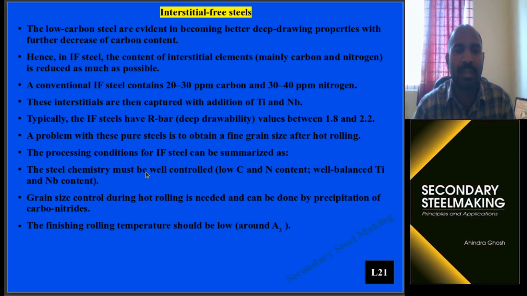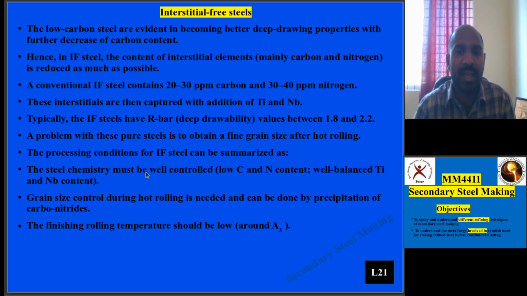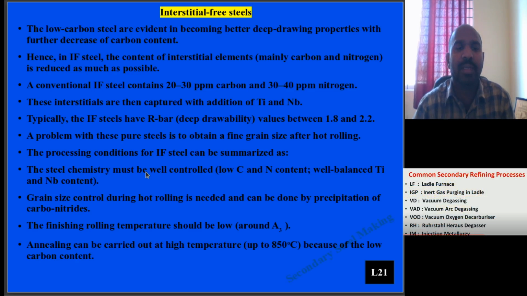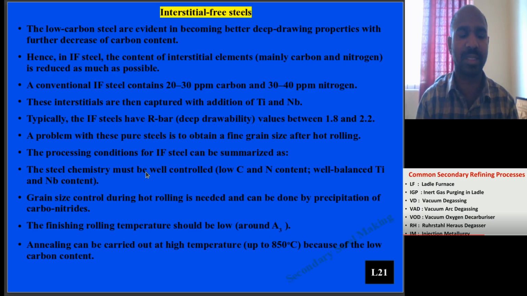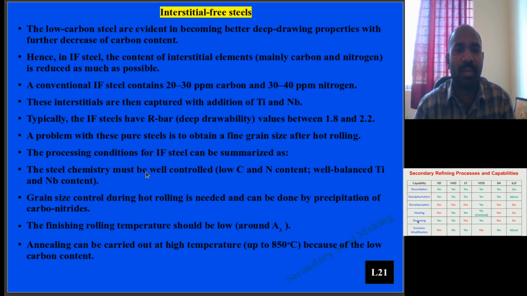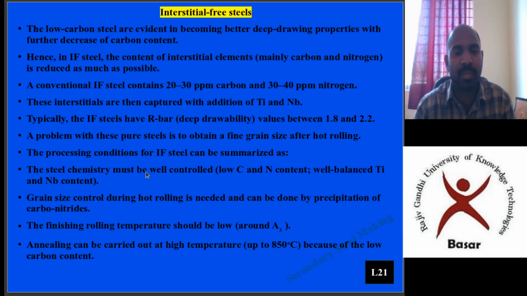At the finishing stage, you can go for further grain refinement by annealing, choosing a temperature below the A3 temperature as per the iron carbide diagram, and you can also use a higher temperature because the carbon content is lower. Only austenite grains will exist, and if you add these carbide forming elements, the austenite grains could be restricted so that the strength can be improved.